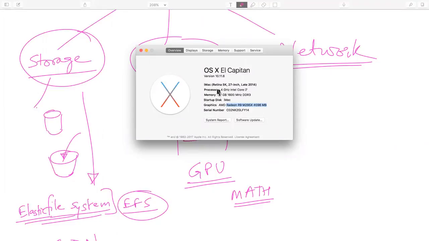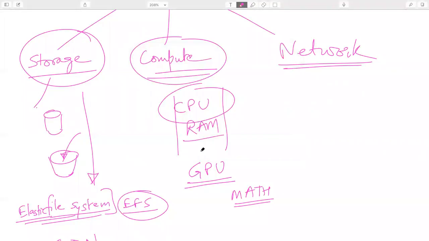This is your CPU, the processor, 4 gigahertz Intel Core i7. But certain types of mathematics are done more efficiently if you have a GPU. And that is also available in the cloud. Some cloud providers provide you that compute horsepower in the form of GPU to do special math.